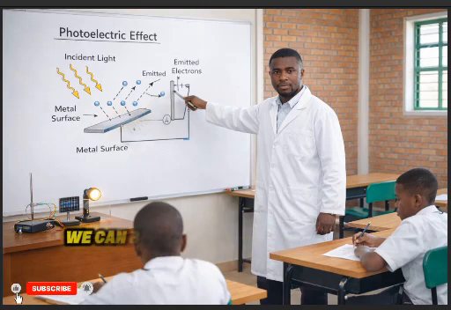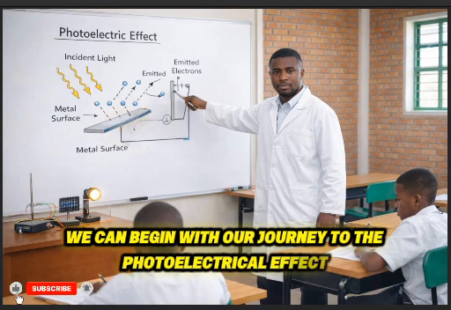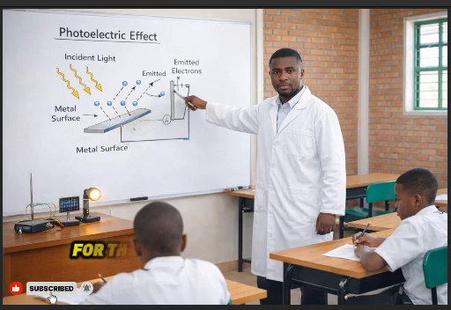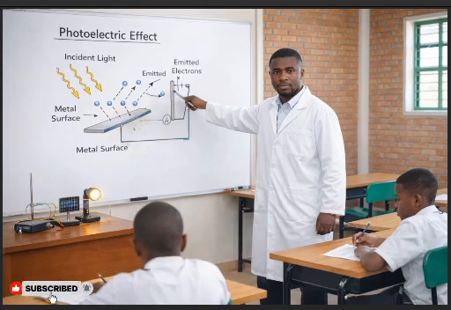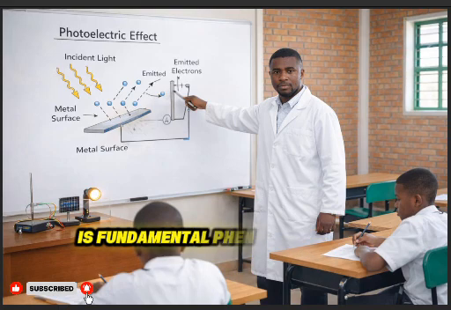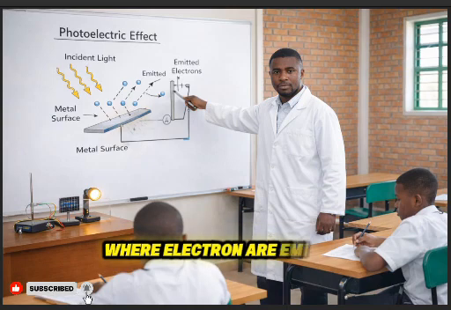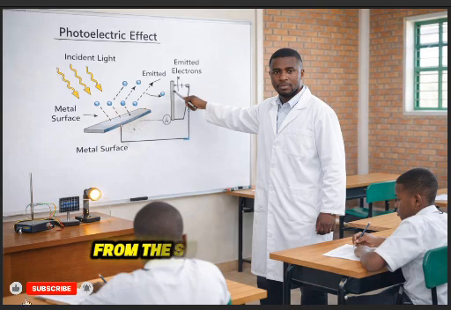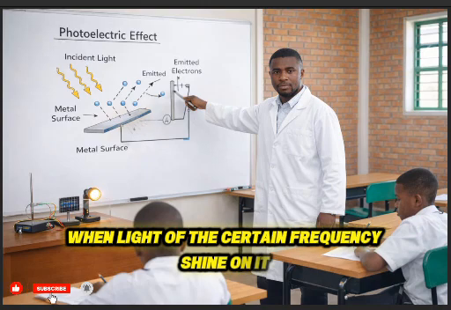So we can begin our journey to the photoelectric effect, explaining what the photoelectric effect is. Actually, the photoelectric effect is a fundamental phenomenon in physics where electrons are emitted from the surface of matter when light of a certain frequency shines on it.